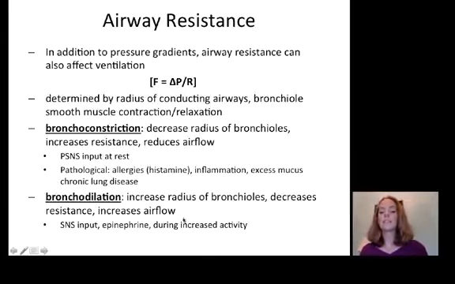This happens during increased activity, because what do we need for increased activity? We need more oxygen to the tissues, so we need to increase the airflow. So sympathetic nervous system input, namely through epinephrine, will open up the bronchioles and increase flow.